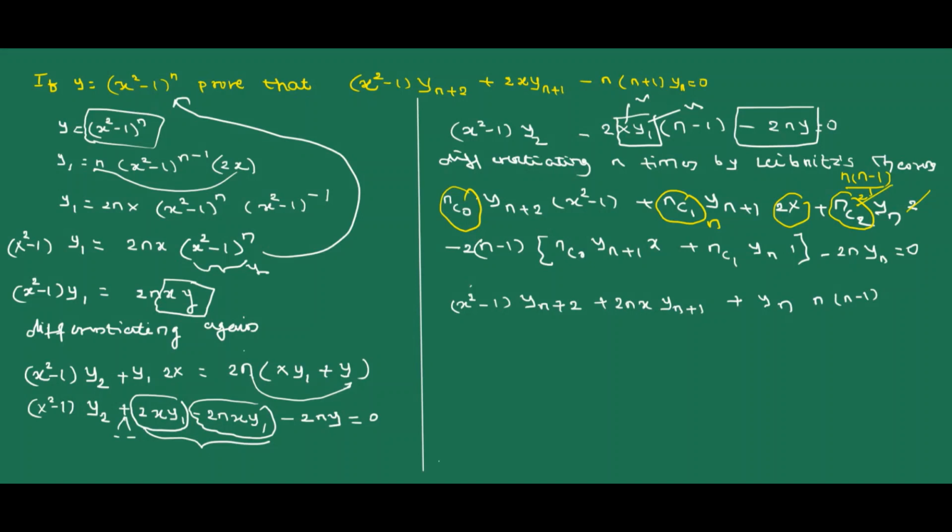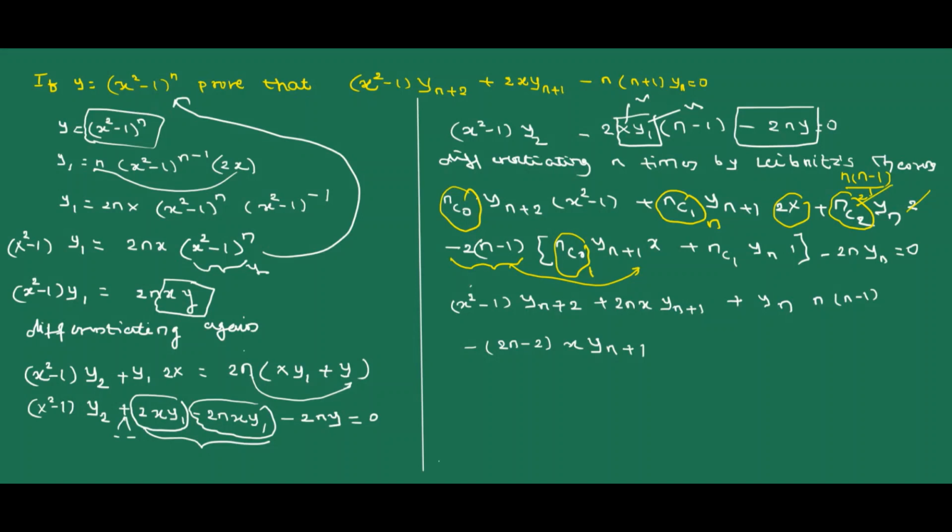Okay, then here in the next bracket nC0 value is 1, and outside we have minus 2(n minus 1) multiplying with this term. So in total you will get minus into bracket (2n minus 2) x y_{n+1}. Minus 2 into n, minus I have written outside only, and (n minus 1).